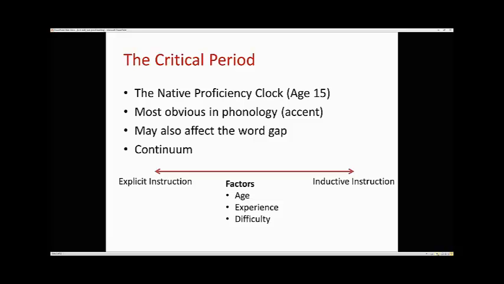But this is another difference, and it's a difference that I think can be masked if we're not looking for these differences and considering them when we talk about good teaching versus good English learner teaching.